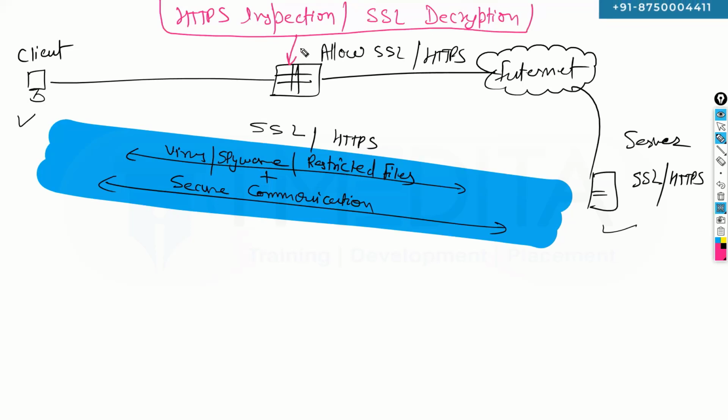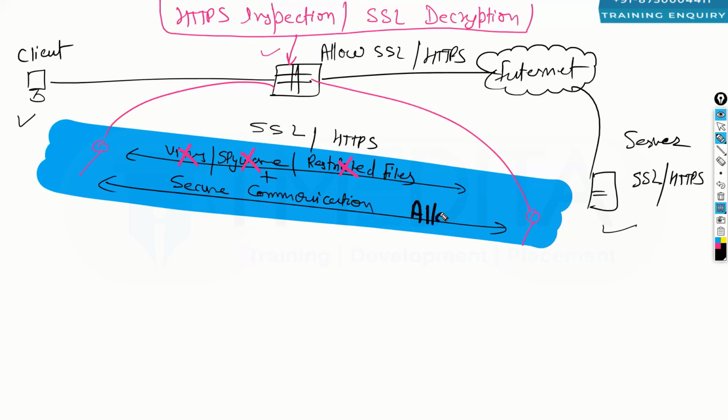When we enable HTTPS inspection or SSL decryption on our firewall, then our firewall can see what is going on under the SSL tunnel, and it can block viruses, spyware, and restricted files. Only secure communication, the data which is not harmful for us, will be allowed. The rest of the traffic, or restricted or violating traffic, will be dropped.